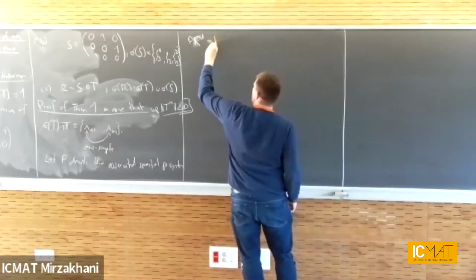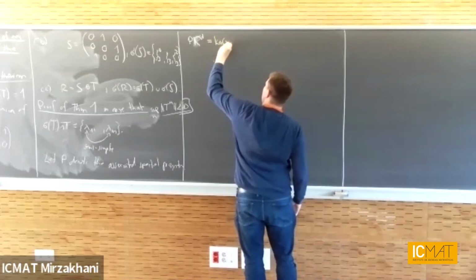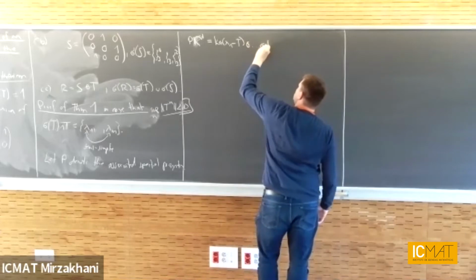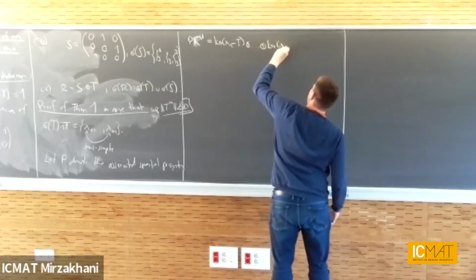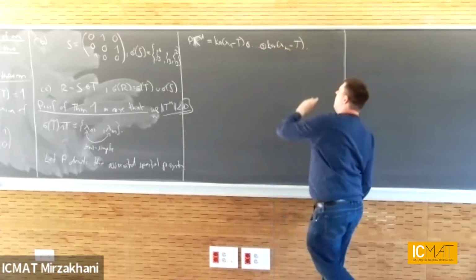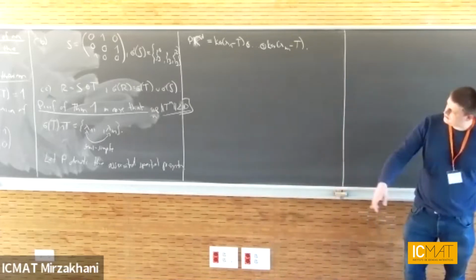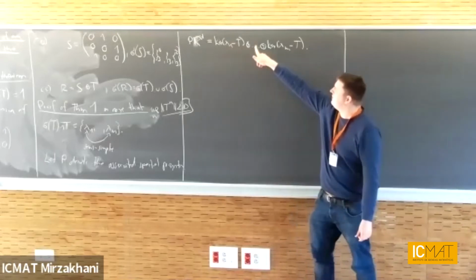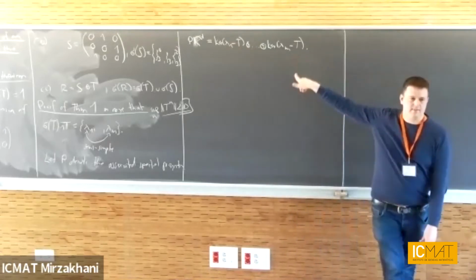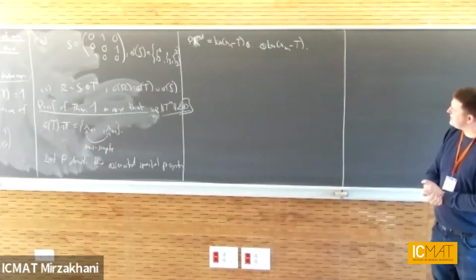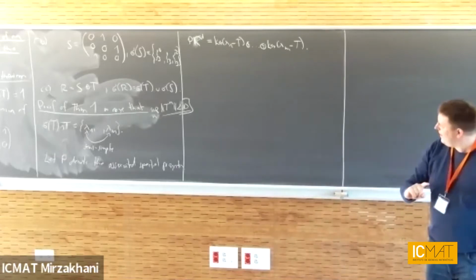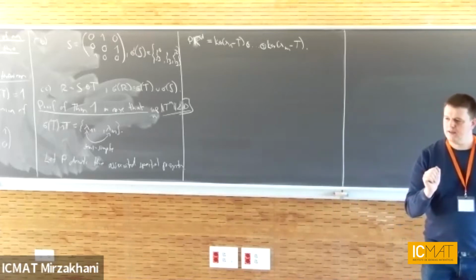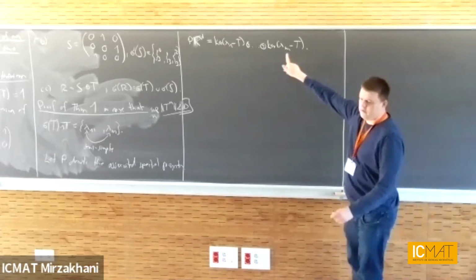So this is the kernel of lambda 1 minus T plus and so on plus the kernel of lambda m minus T. Okay, in other words, T operates on this space as multiplication with lambda 1, as multiplication with lambda 2, and so on, and as multiplication with lambda m. Okay, now this is useful because I'm claiming that the spectral projection P is also positive. And we can see this by using this here. How can we do that?